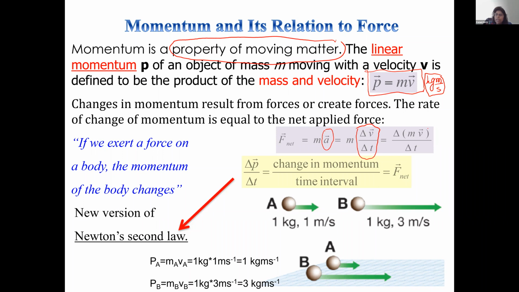Now if I take the mass and velocity together and take the change symbol outside, what I have here is p. So F net can be rewritten as delta p over delta t.